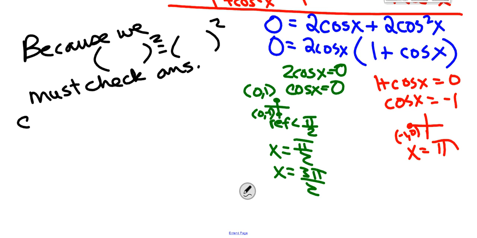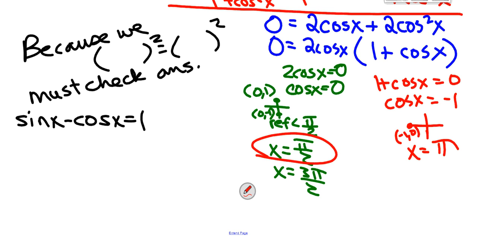So I'll go to the very beginning problem, and I'll write it down here because this is where I'm working. Sine x minus cosine x equals 1. And I'll just put those in and think about what's happening. So I'll try pi over 2. You have your table maybe in front of you or you know it.